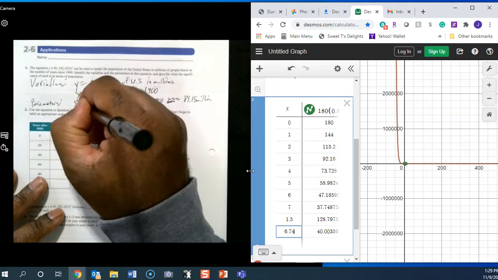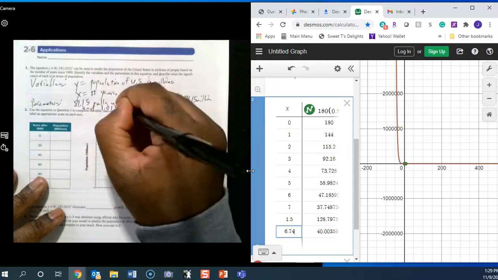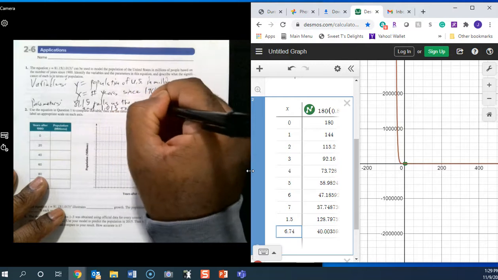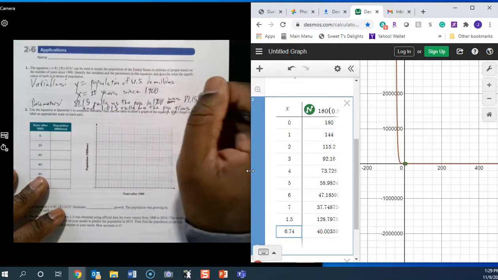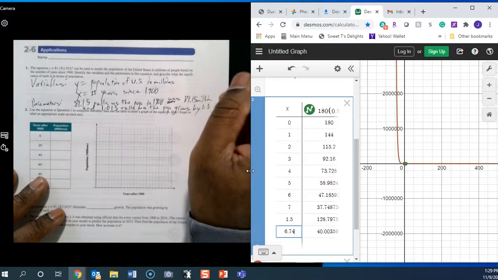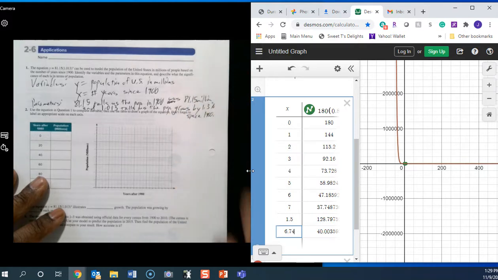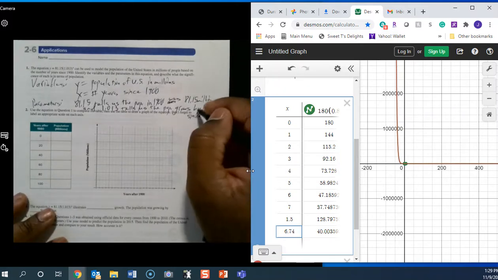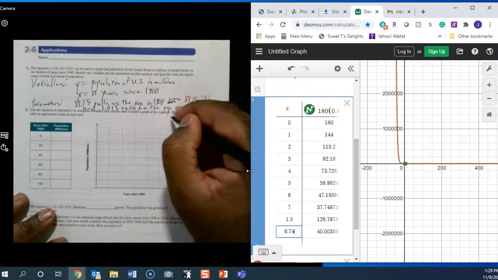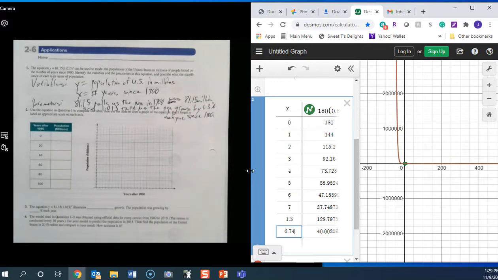And 1.013 tells us the population grows by 1.3% each year since 1900. I should say each year, because I don't want you to think that it's a one-time growth of 1.3%.